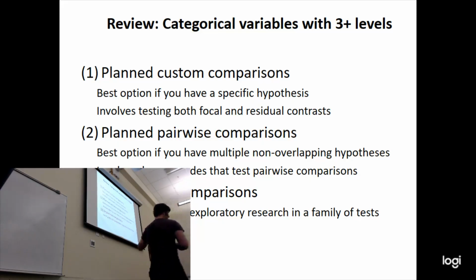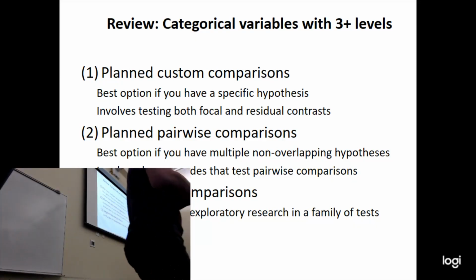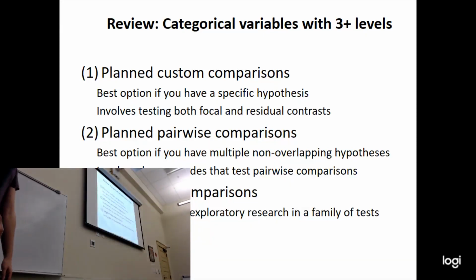And unplanned comparisons where those potential tests that you could do all bear on some central idea. Which situation you're in, as I hope you've seen, has a lot of impact on how you approach these categorical variables.